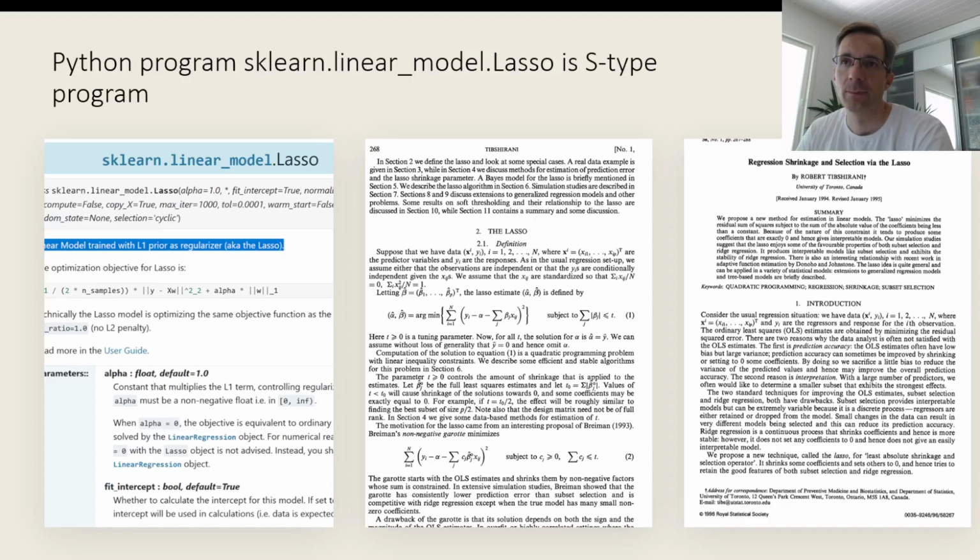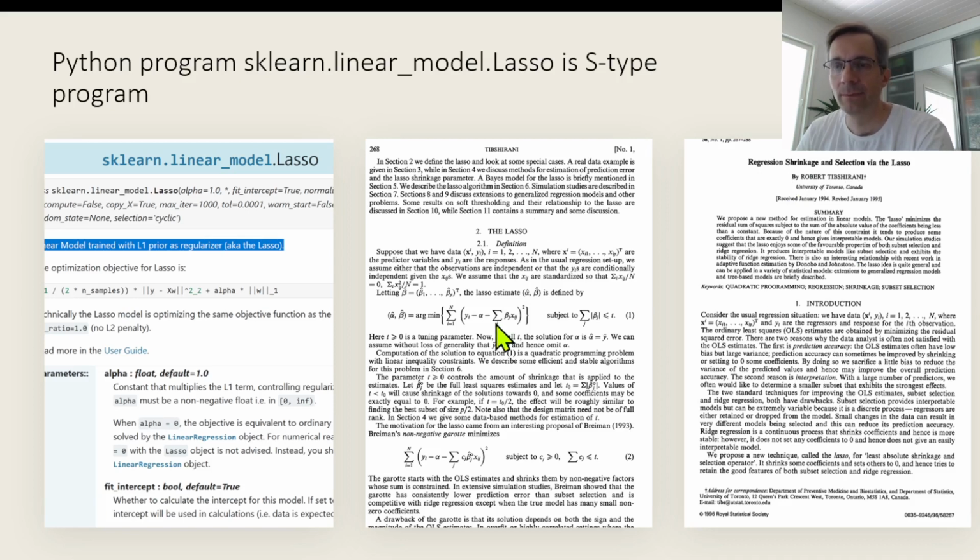Here is an example of an S-type system. So we have a Python package, sklearn.linear_model.Lasso. What this program does is basically follow the definition of lasso from this paper. This paper is by Robert Tibshirani, I hope I pronounced the name correctly. And it is titled "Regression Shrinkage and Selection via the Lasso".